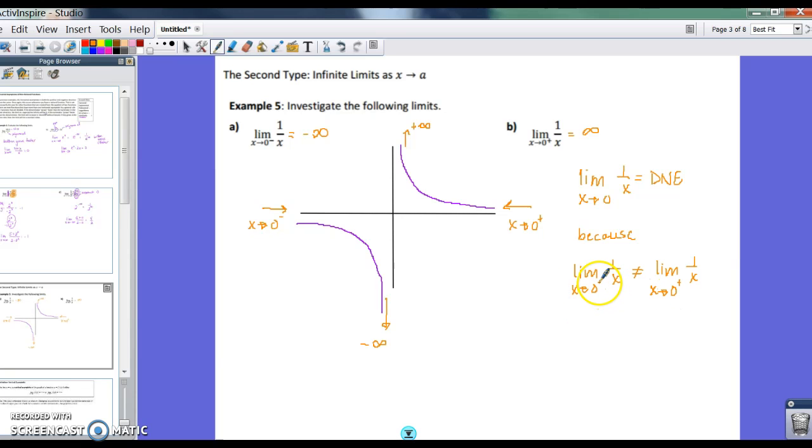If the limits from both sides are not the same, then we have to conclude that the limit doesn't exist.